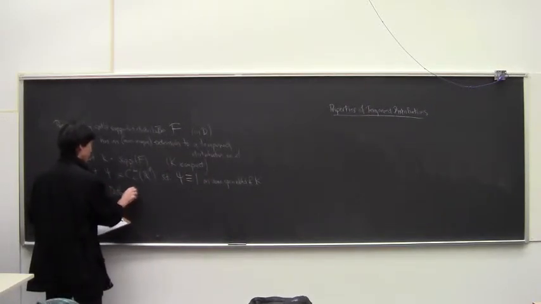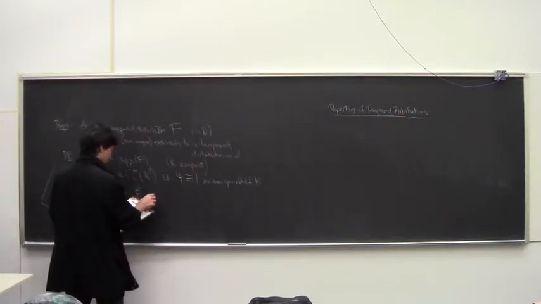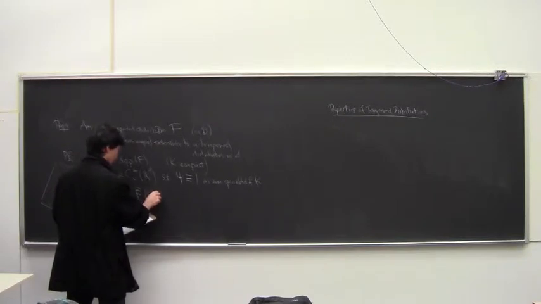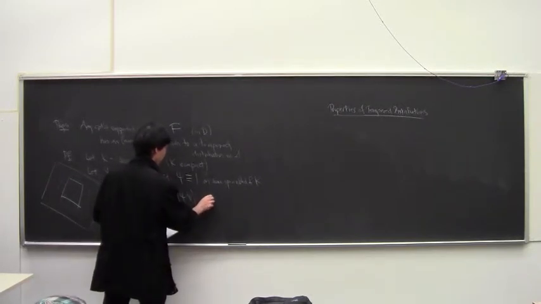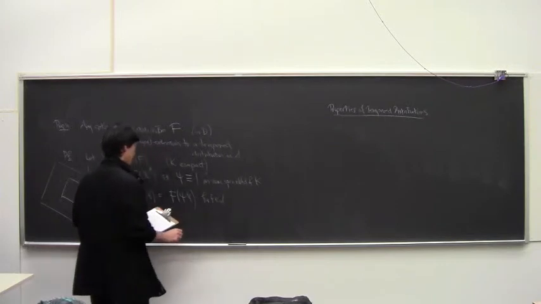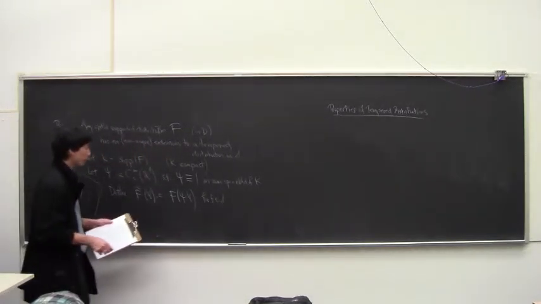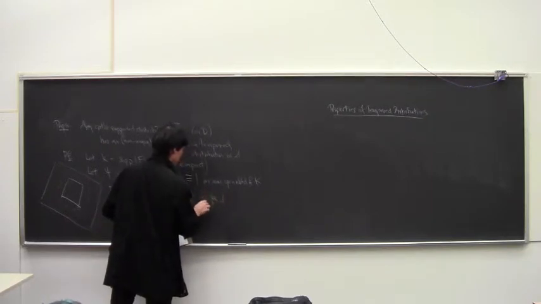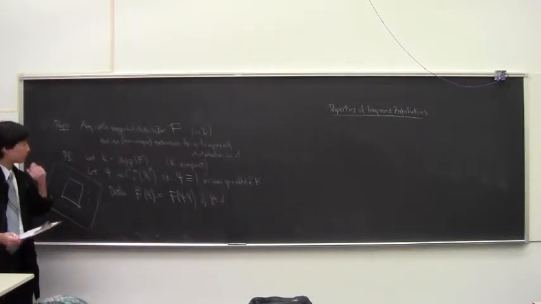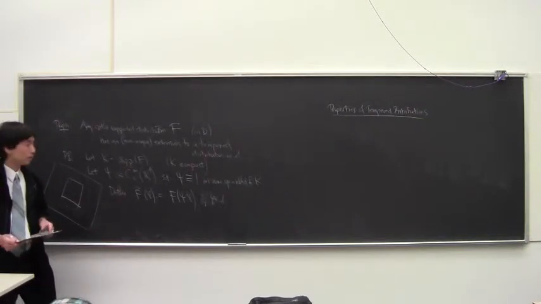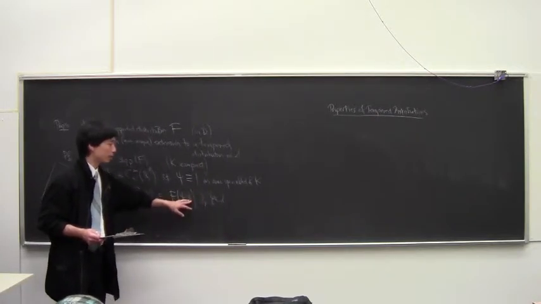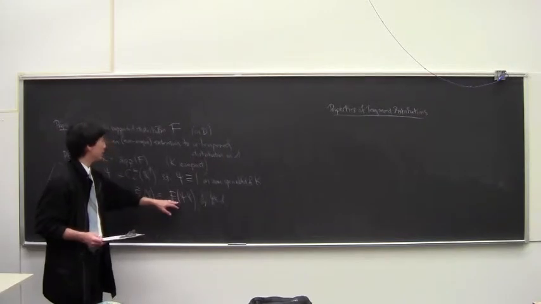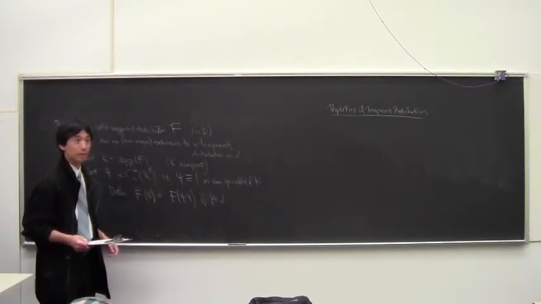Define f twiddle by f twiddle of phi is f of psi times phi, for phi in S. You basically chop your function down to here, and then let f act on it.